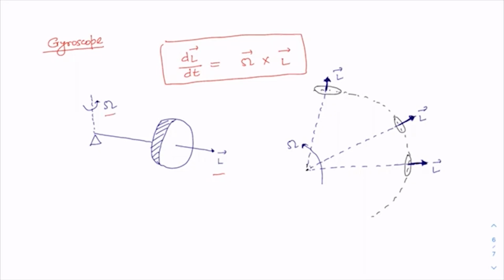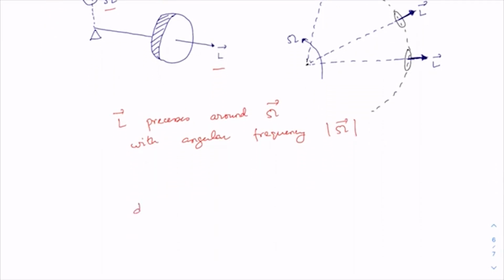Actually L precesses around omega with angular frequency modulus of omega.